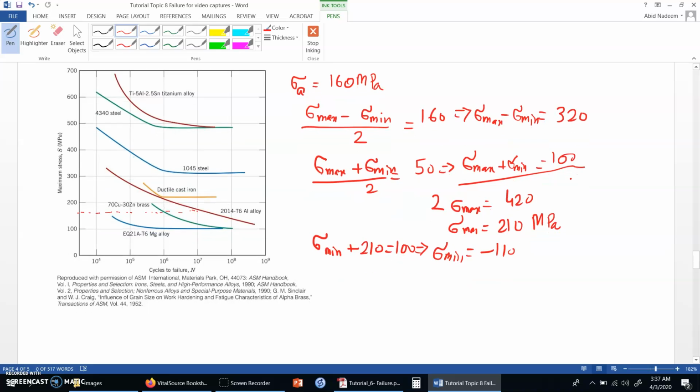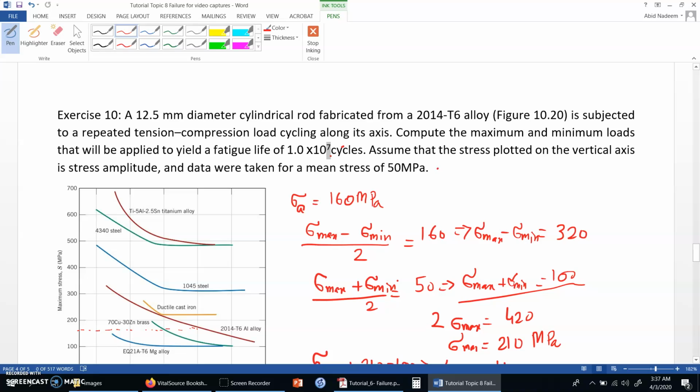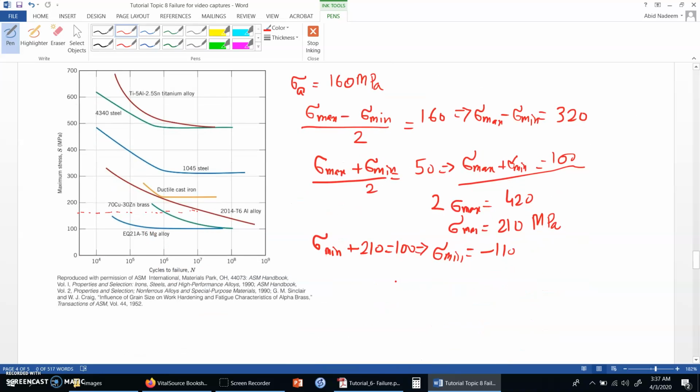We know the diameter is 12.5 millimeter. So the load which will be applied, the maximum load we need to find. So F max will be equal to sigma max, 210 megapascal, into 10 to the power 6, times pi by 4 times 12.5 into 10 to the minus 3 meter squared.